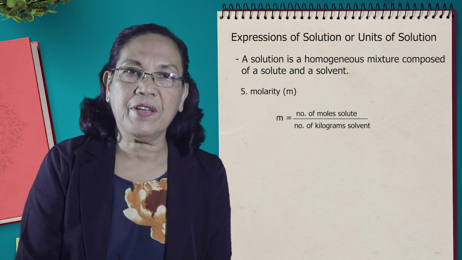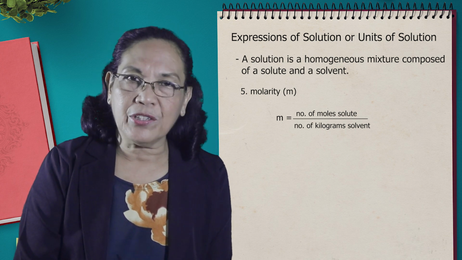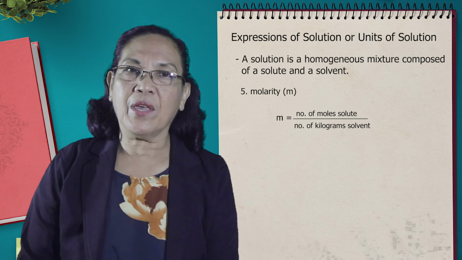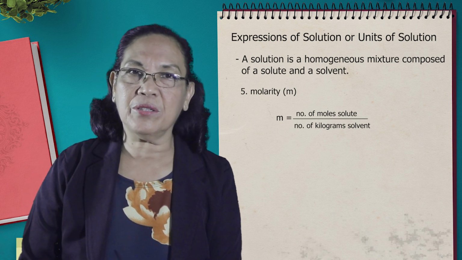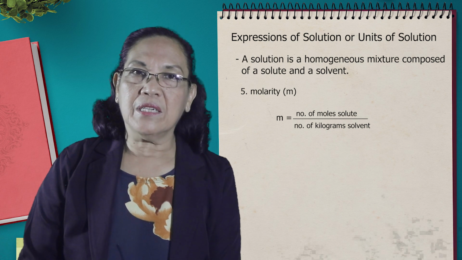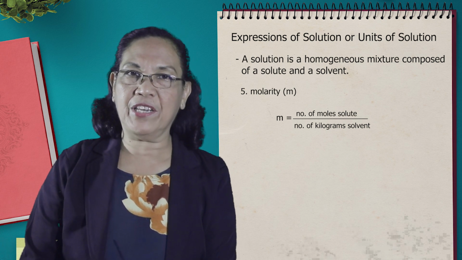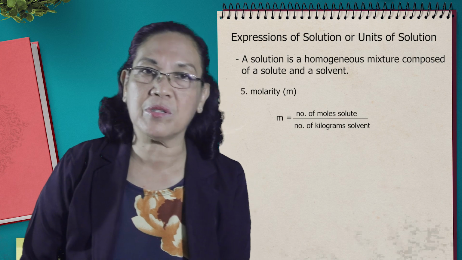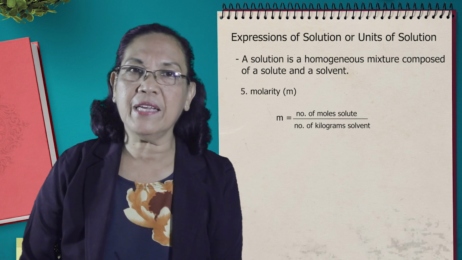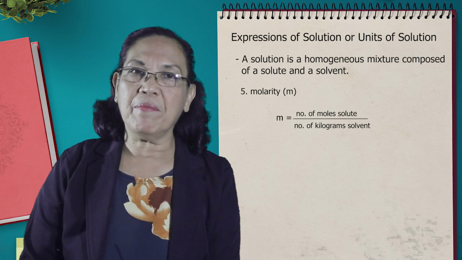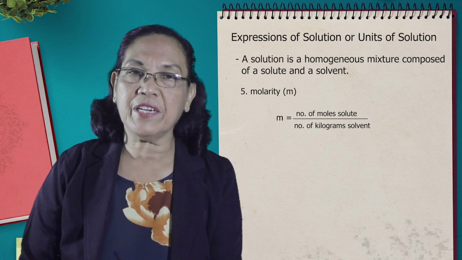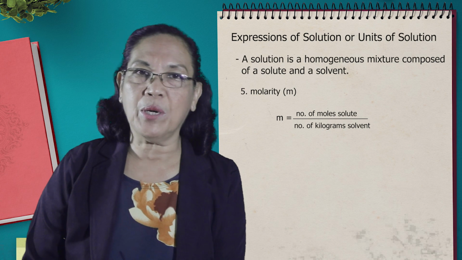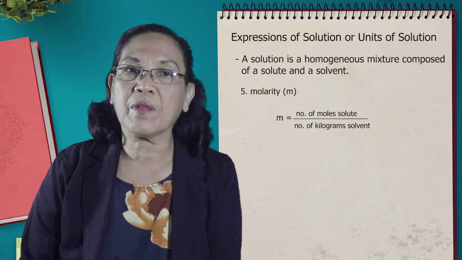And if you are given the number of liters of the solvent, you have to convert this into kilograms of solvent. So how do you convert the number of liters of solvent into kilograms? You have to multiply the number of liters by the density of the substance, converting it into the number of kilograms.